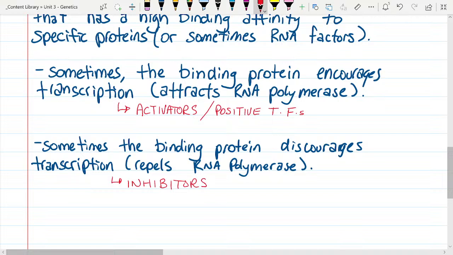Inhibitors. Boy, when you write that word slowly, it begins to look ridiculous. But that is, in fact, spelled correctly. Sometimes we'll call them inhibitors. Sometimes we'll use the word repressors. Or sometimes we'll use, and you should be able to predict the third one based on what we wrote above, negative transcription factors. Very good.